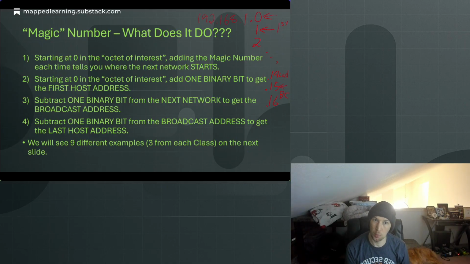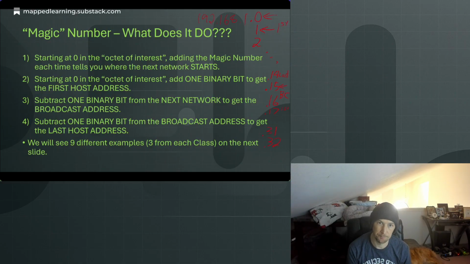And you just follow the calculations each time. If I add one binary bit to this network ID, that gives me .17. And what is that for this network? Well, that's the first available host address. Remember the 32? That's our next network after this one. If I subtract one binary bit, that gives me 31.